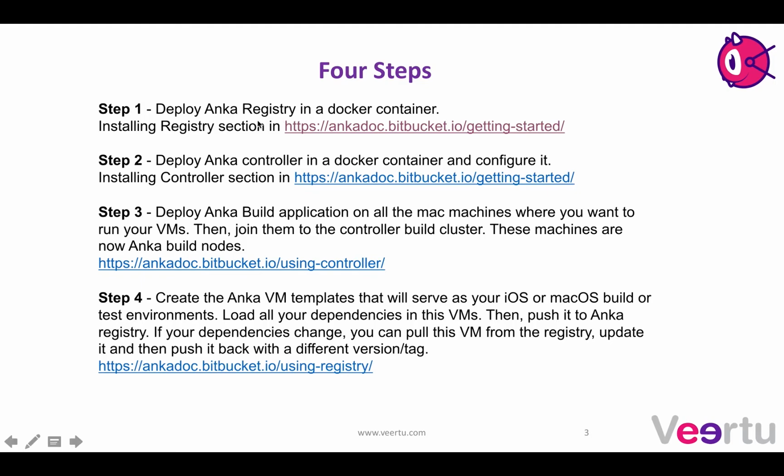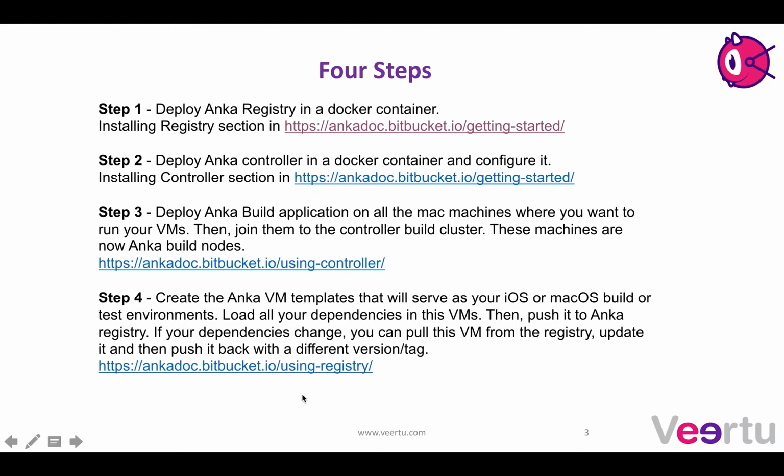Step 1 is to deploy the Anka registry inside a Docker container. Step 2 is to deploy Anka controller inside a Docker container and then configure it to communicate with the Anka registry. Step 3 is to install Anka Build macOS application on all of the Mac machines that will be part of the macOS private cloud.